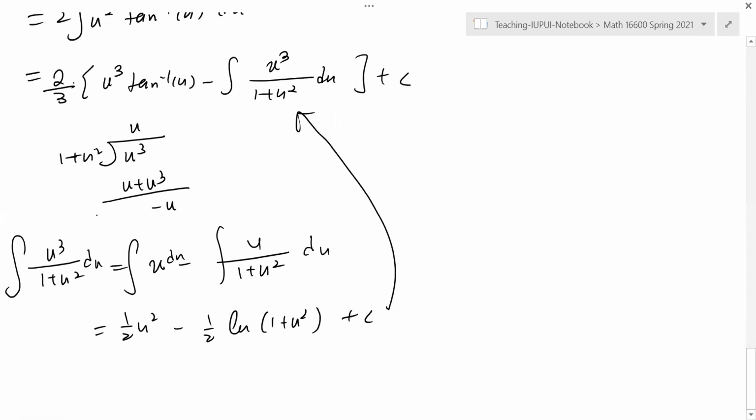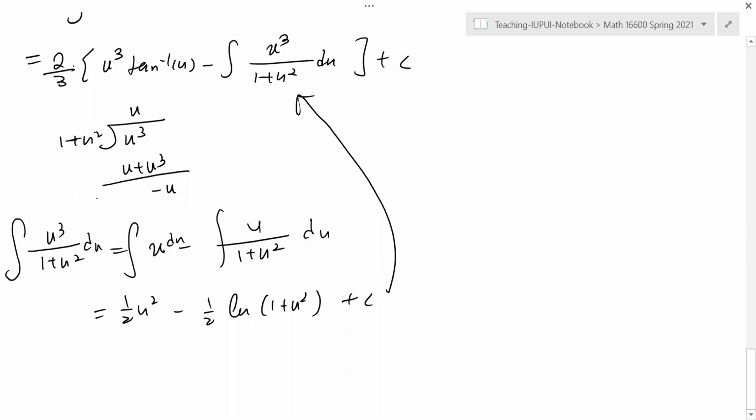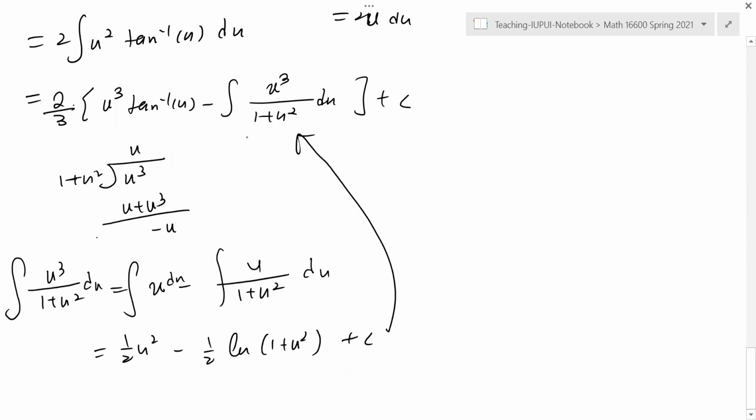If you cannot find the formula, you have to do it by yourself. Even if the problem says use the table of integrals to evaluate this integral, you try to simplify by substitution, then you may be able to apply the formula. Then you may still end up with another integral.